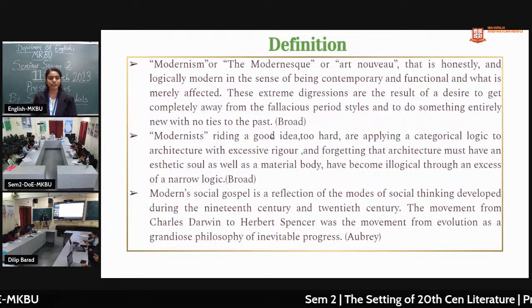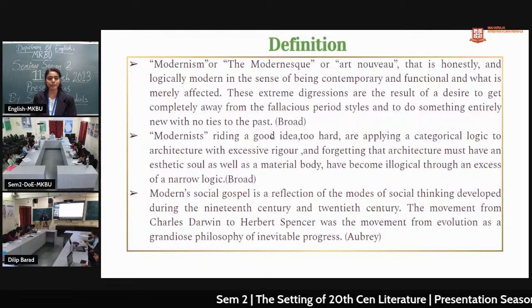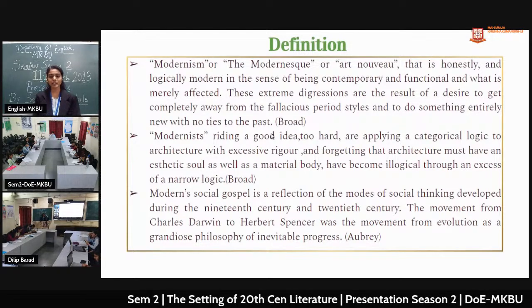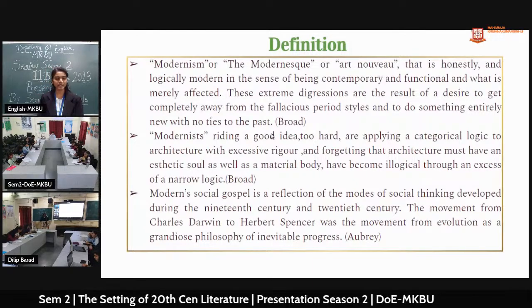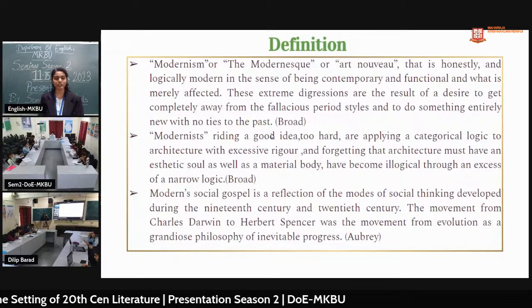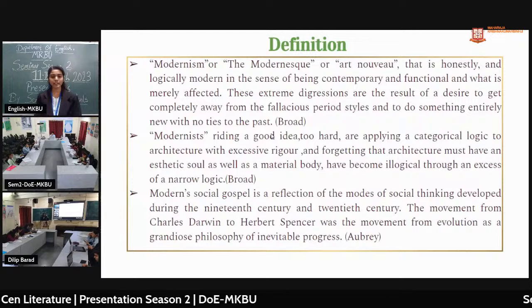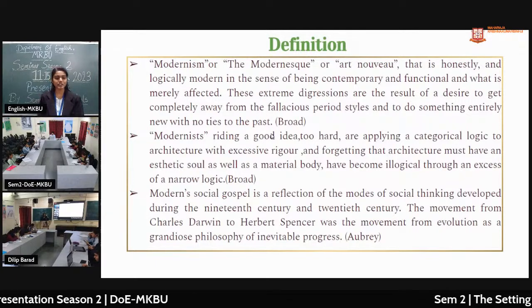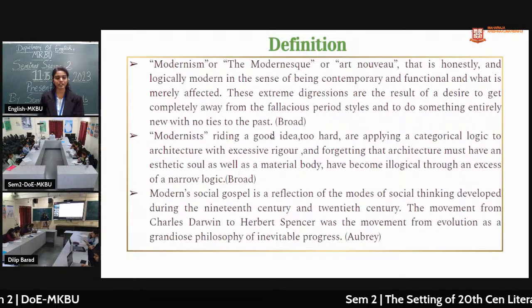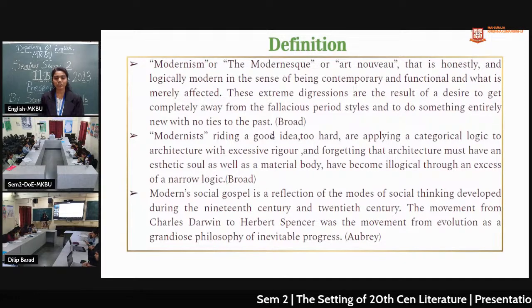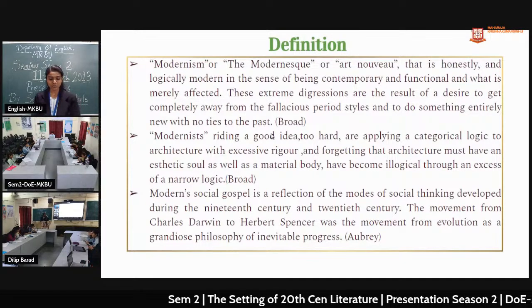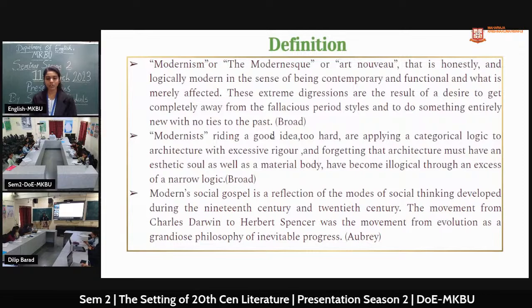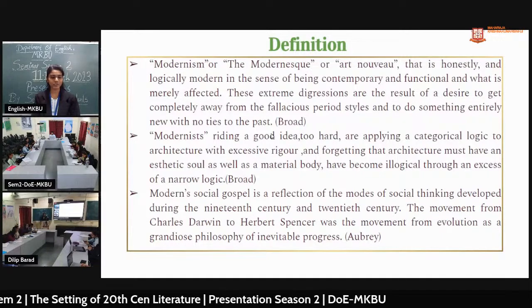Modernist writing, a good idea pushed too hard, is applying a categorical logic to architecture with excessive rigor and forgetting that architecture must have an aesthetic soul as well as a material body, and has become illogical through an excess of narrow logic.